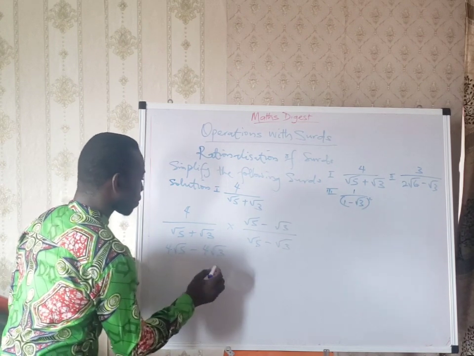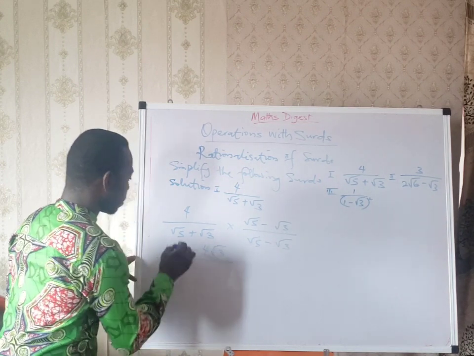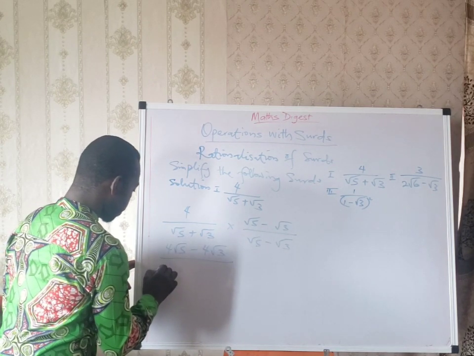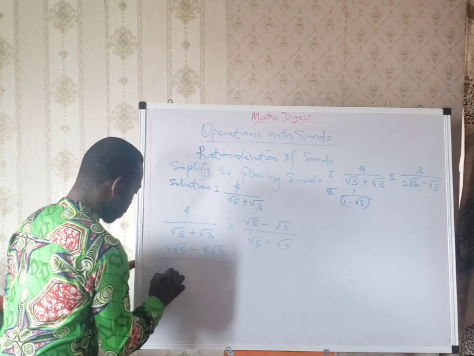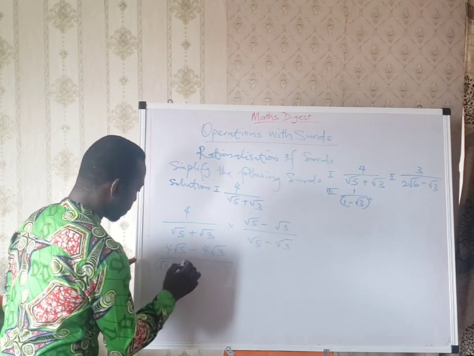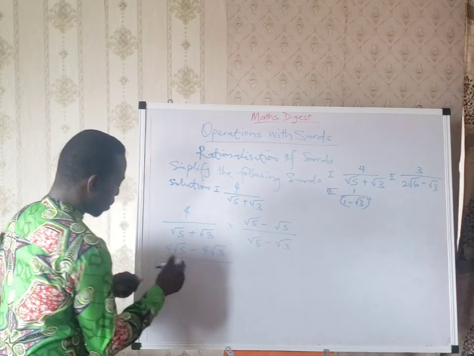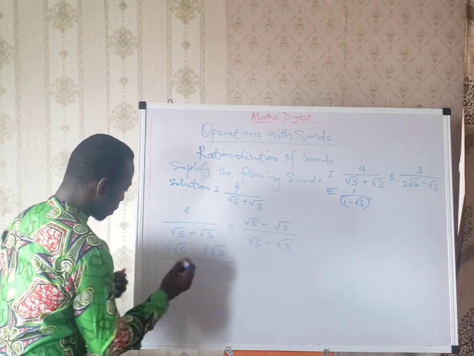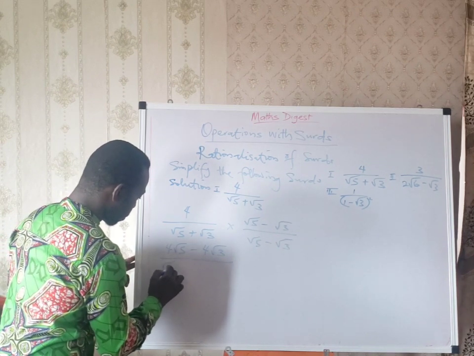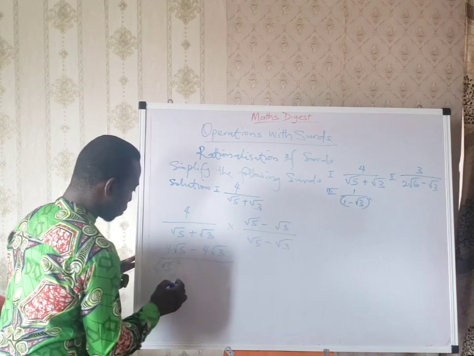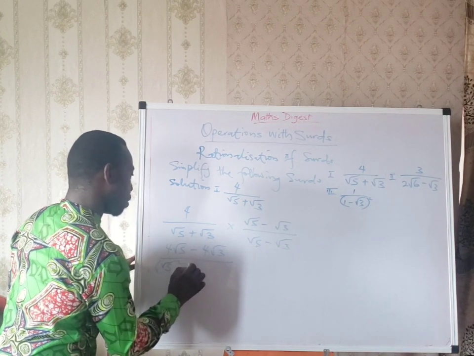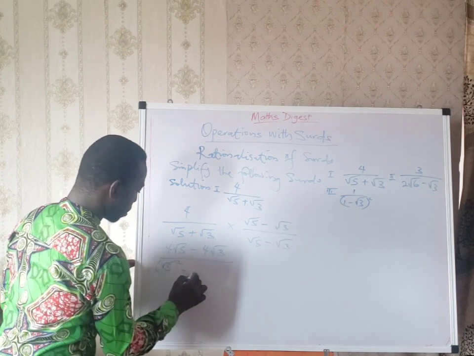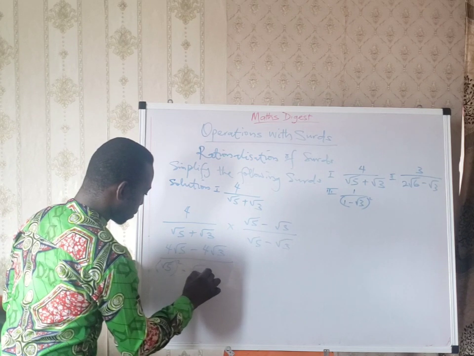Okay, now root 5 times root 5 is 5 raised to power 2. Or simply, let me write it out immediately. Root 5 raised to power 2, minus, this times this, we have minus root 5 times 3.